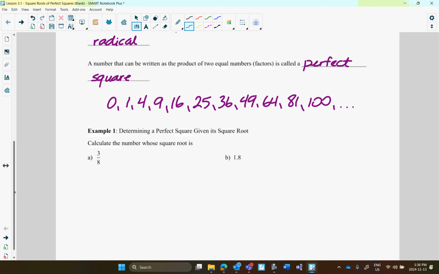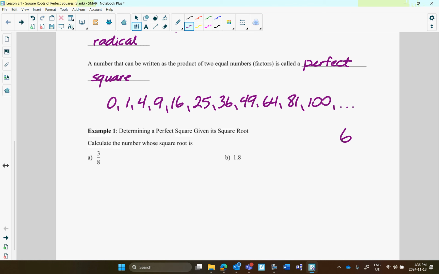Let's try an easier number first. What number, when I take the square root, gives me 6? What number, when I take its square root, gives an answer of 6?